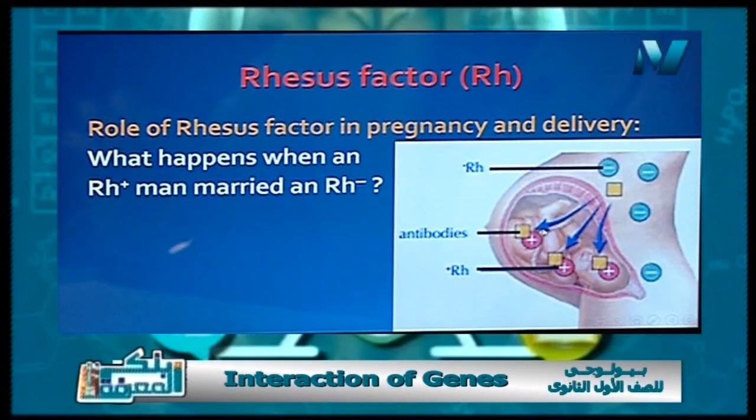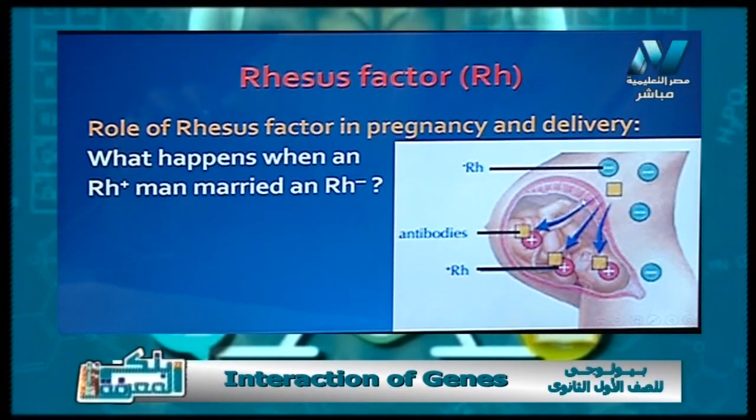But during child delivery, the placenta is ruptured, and the blood of the fetus may go to the mother and cause the production of antibodies against the Rh positive.